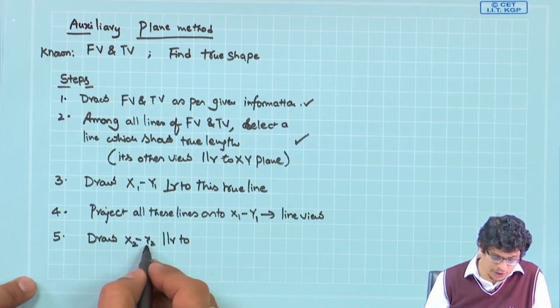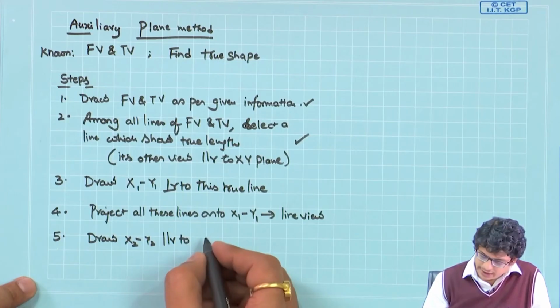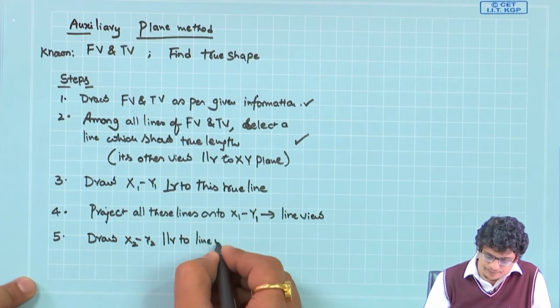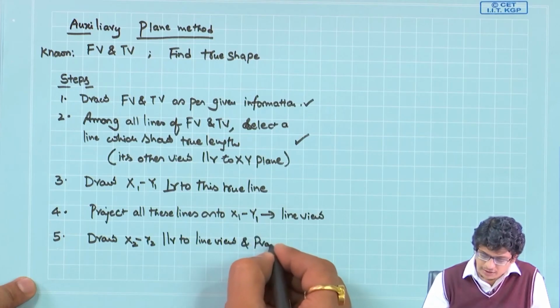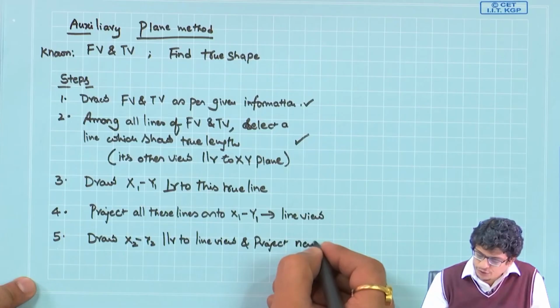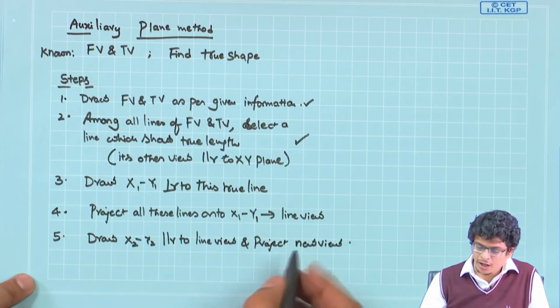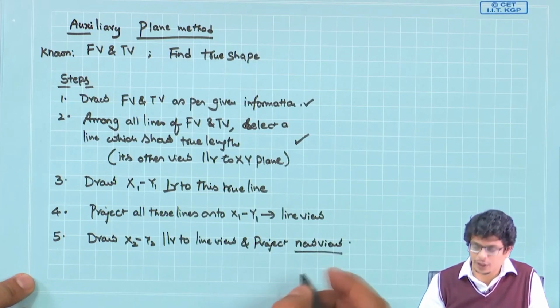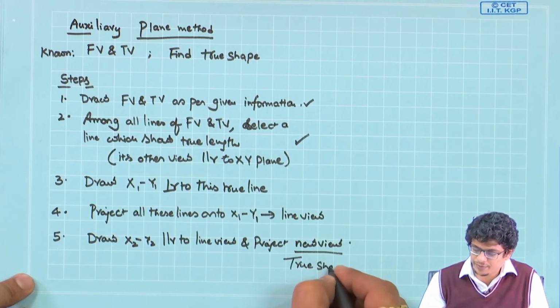Now draw another x2 y2 plane parallel to this line view and project whatever the new view we got. Now, this new view that we got becomes the true shape.